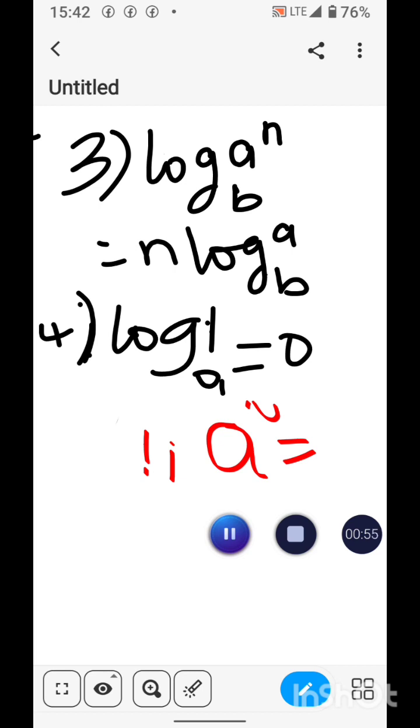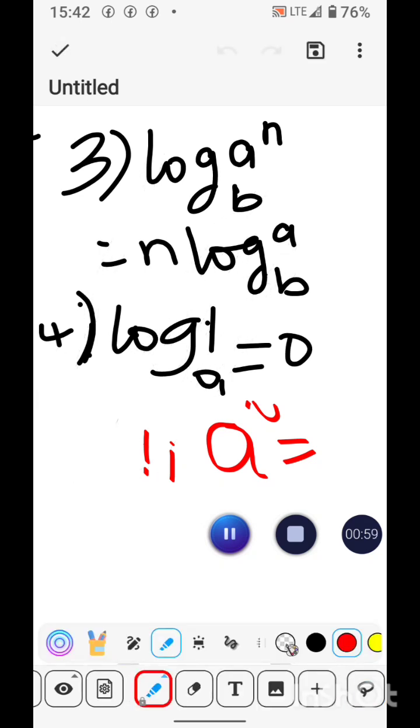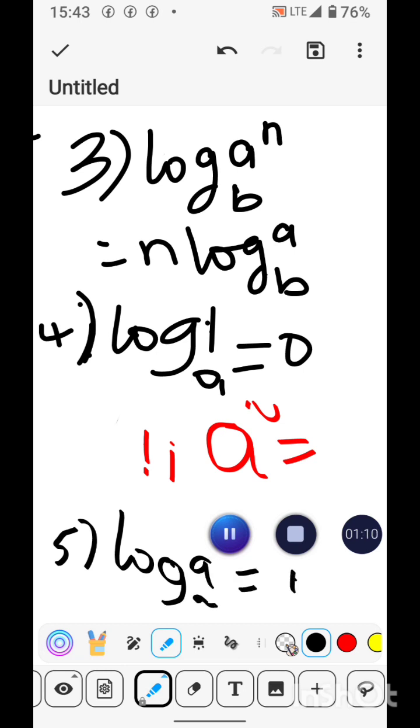As well as log a to the base a, giving us 1. Let's say log 4 base 4 is 1, log 5 base 5 is 1, log 10 base 10 is 1. That's what I mean by log a base a, giving us 1.